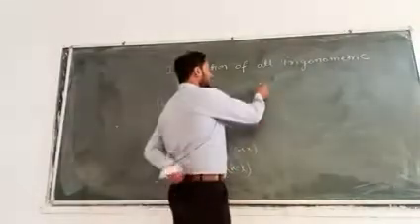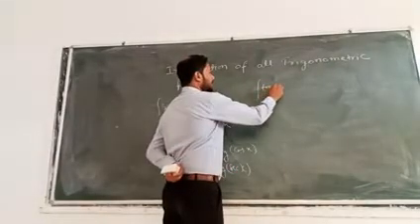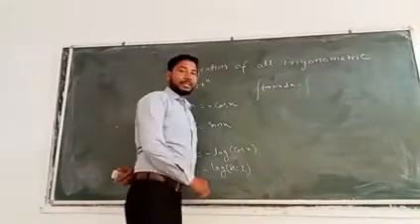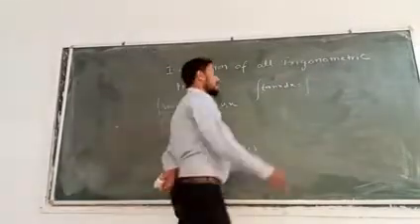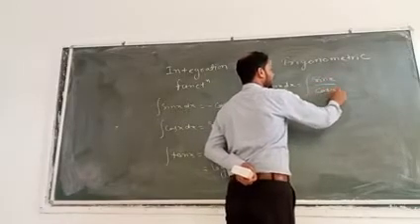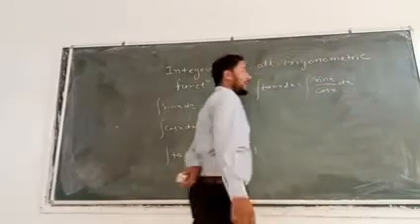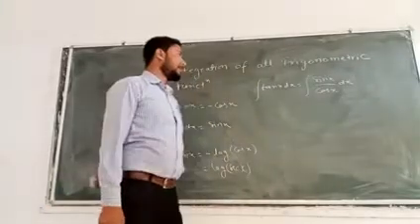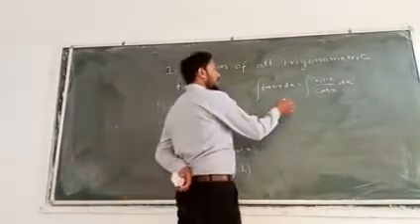When we integrate tan x with respect to x, we can rewrite tan x in the form of sin x upon cos x. This formula we know from the trigonometry chapter in class 11.